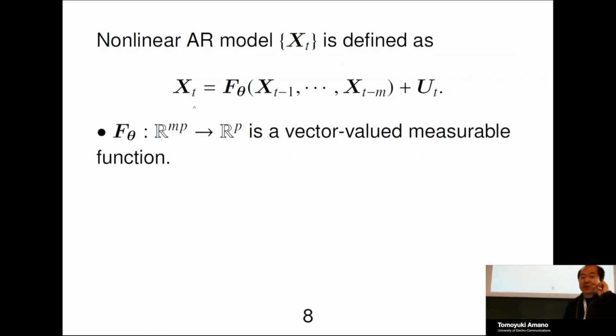This is the definition: the nonlinear AR model is given like this. Where x_t is a random vector, f_theta is a vector valued measurable function, and u_t is a disturbance vector.